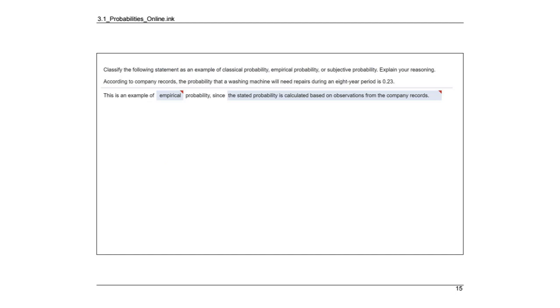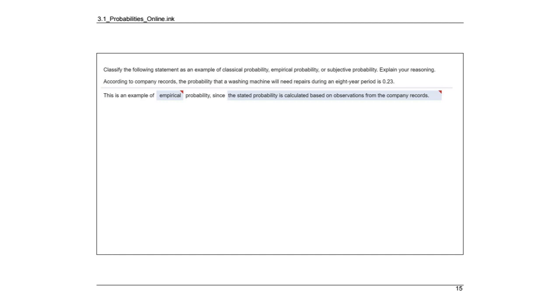Okay, this one always gets me, so I wanted to show it to you. This is a homework problem. It says classify the following statement as an example of classical probability, empirical probability, or subjective probability. Explain your reasoning. So it says, according to company records, that's what I don't always read. You have to read the whole problem. The probability that a washing machine will need repairs during an 8-year period is 0.25.